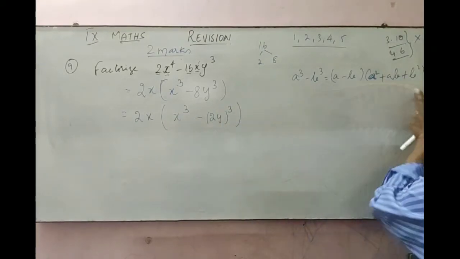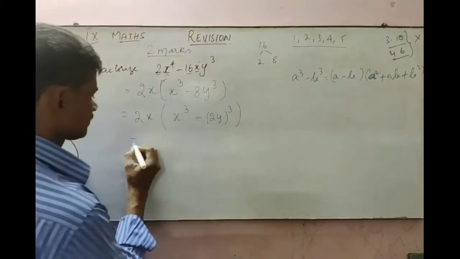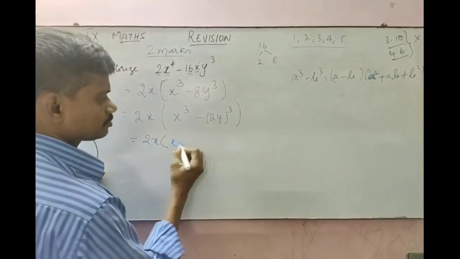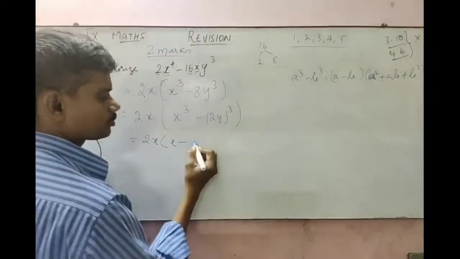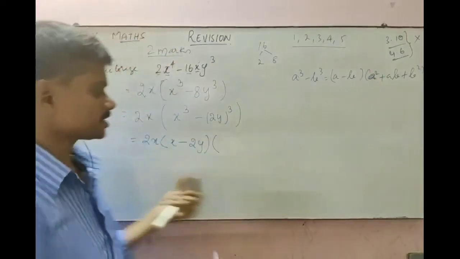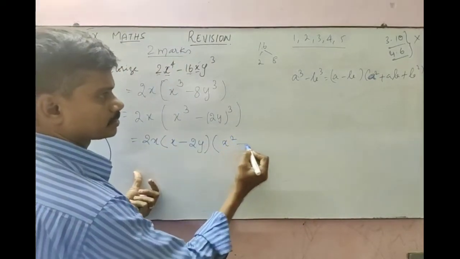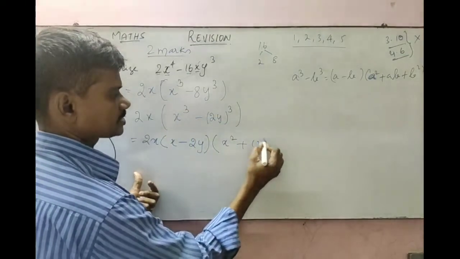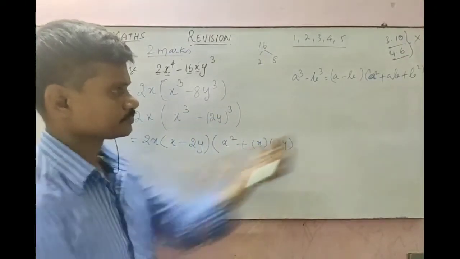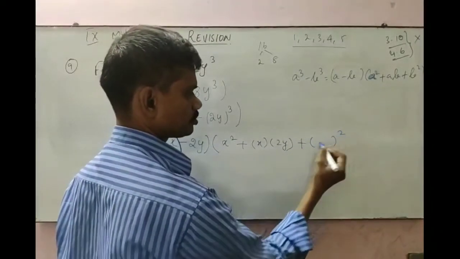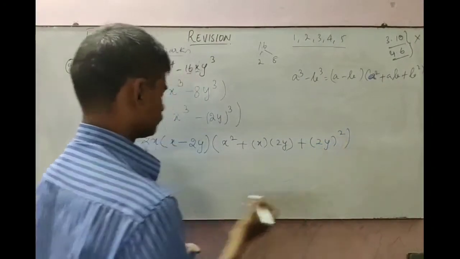Using these two in this formula, you can factorize this 2x into, instead of a I am going to write x minus, instead of b I am going to write 2y into a square. What is a here? X. X square plus a into b, that is x into 2y, plus b square. What is b here? 2y.